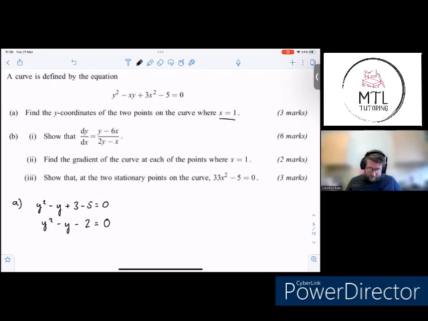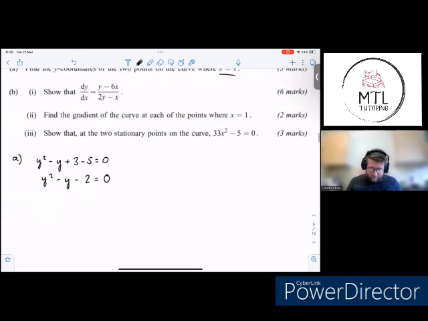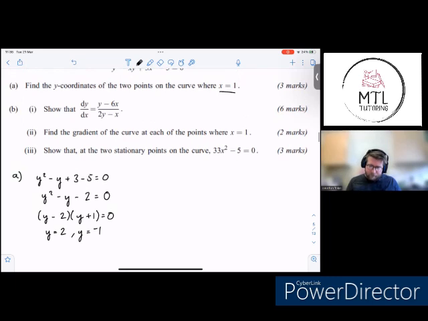Does it factorize? Yep. Okay, so y equals 2 or y equals -1. What does it want? It just wants the y coordinate.